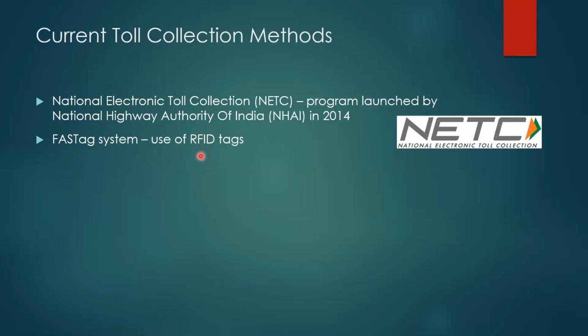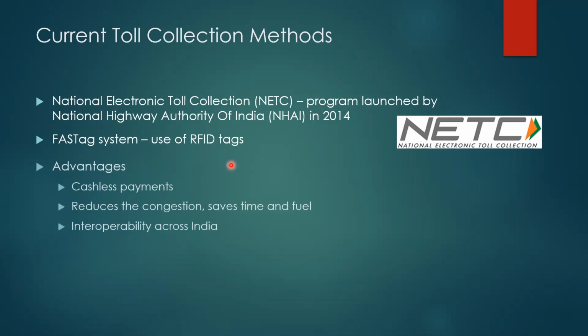What happens in this is every vehicle is issued an RFID tag, and this tag is used to uniquely identify the vehicle at the toll plaza. And then the price of the toll is based upon the vehicle class of the vehicle detected based on the RFID. A few advantages of this system is that it promotes cashless payments.